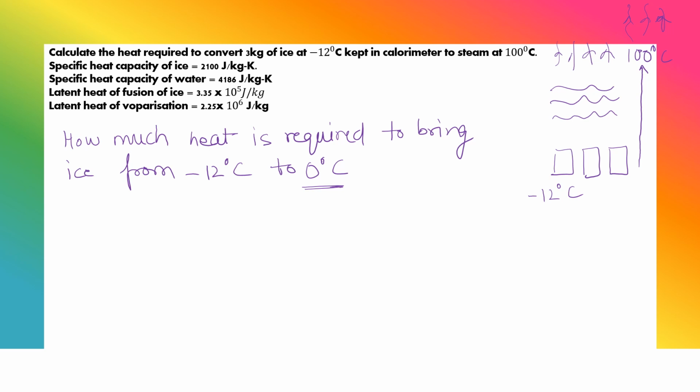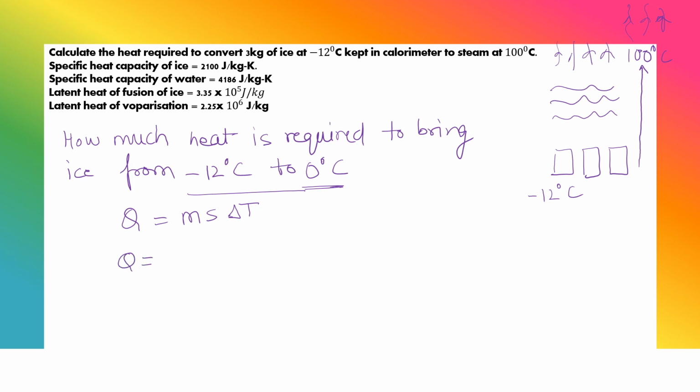So I can find the heat required to increase the temperature of ice from minus 12 degrees Celsius by using the concept of specific heat capacity, which is Q is equal to m s delta T. And delta T you can see from here only. How much is the delta T? 12 degrees Celsius is the rise in temperature.